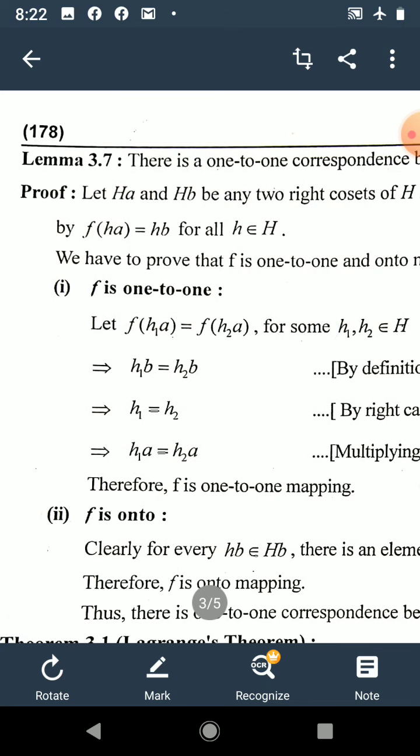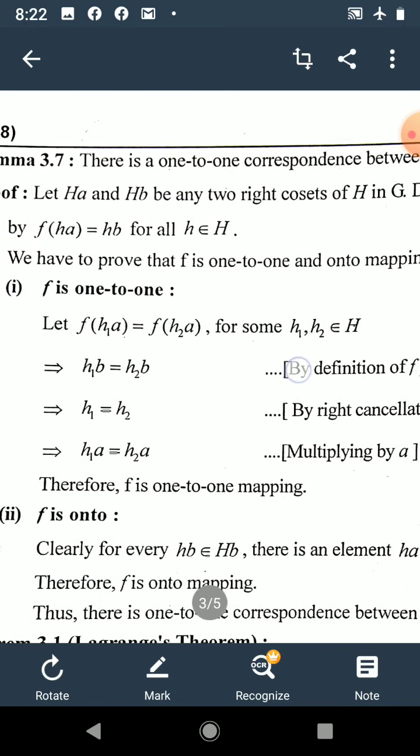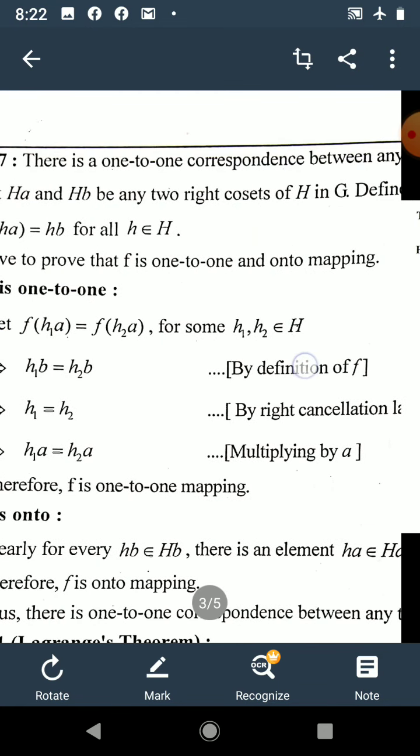For an onto function, suppose f is a function from A to B. The function f is called onto if for every y belongs to B, there exists x belongs to A such that y equals f(x). Then the function f is called an onto function. Now here, clearly this condition is satisfied.